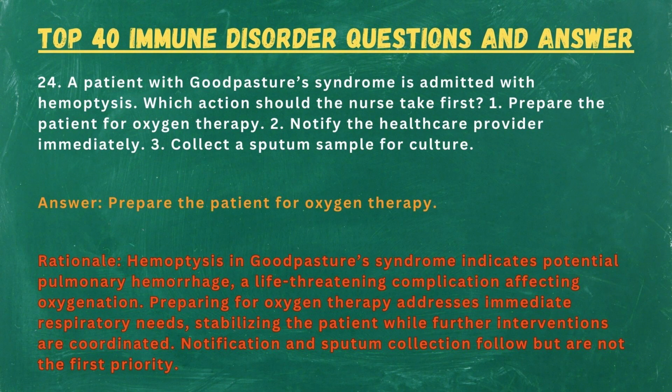Rationale: hemoptysis in Goodpasture syndrome indicates potential pulmonary hemorrhage, a life-threatening complication affecting oxygenation. Preparing for oxygen therapy addresses immediate respiratory needs, stabilizing the patient while further interventions are coordinated. Notification and sputum collection follow, but are not the first priority.